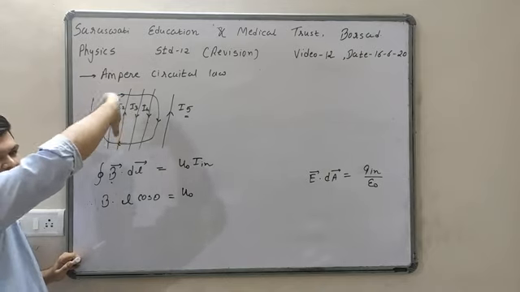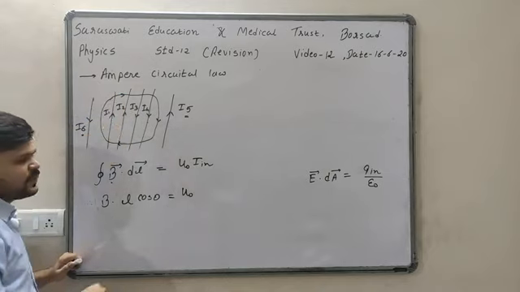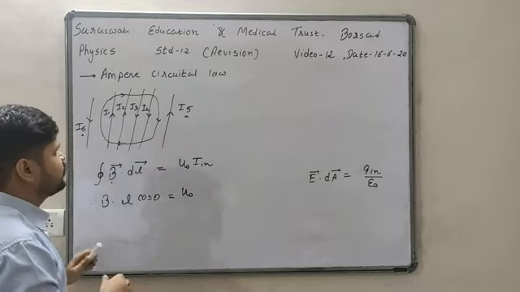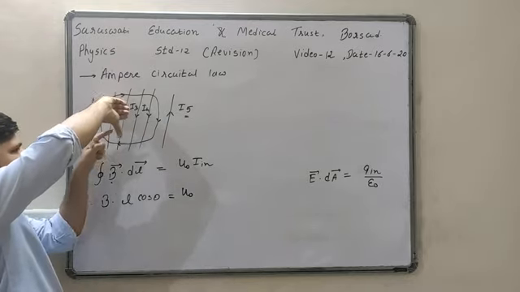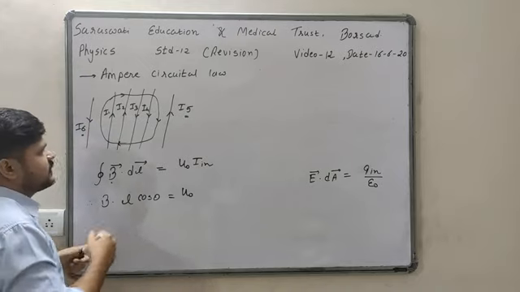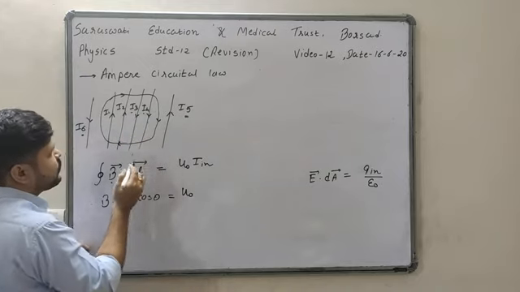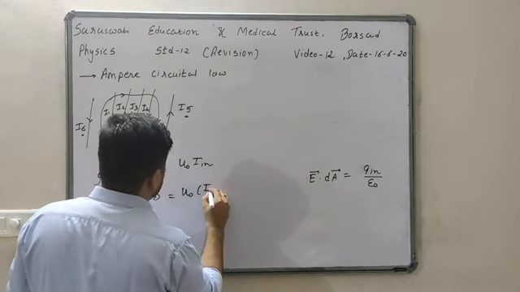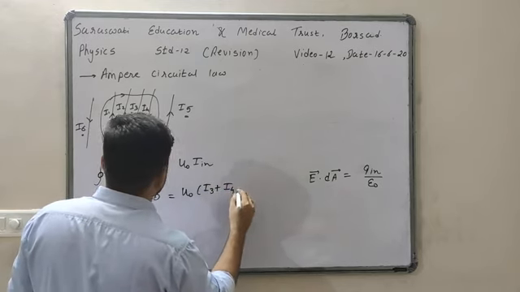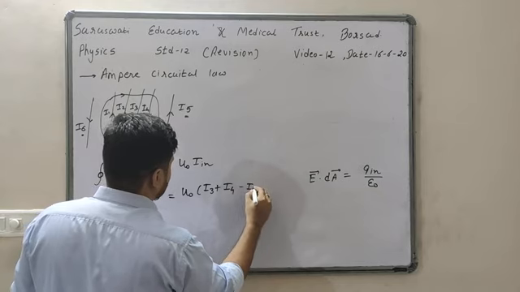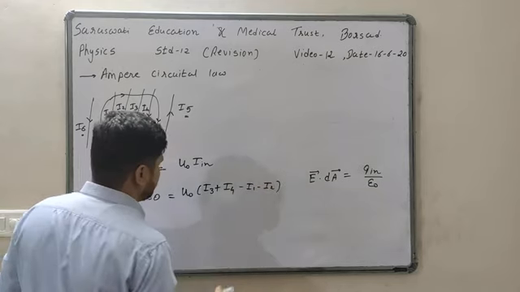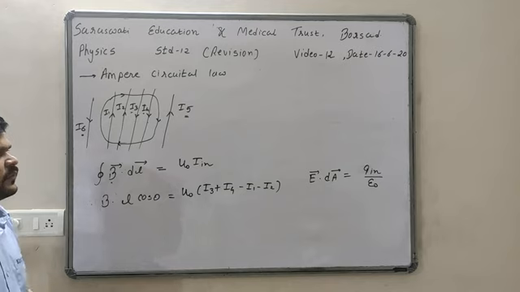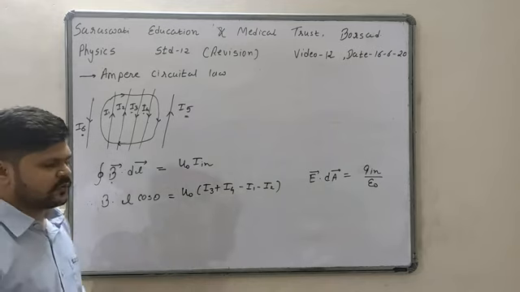The direction of the thumb will give the positive direction of current. Here my thumb is in downward direction. So in this case, I3 and I4 will be positive and I1 and I2 will be negative. So I3 plus I4 minus I1 minus I2. This is how Ampere circuital law can be applied.